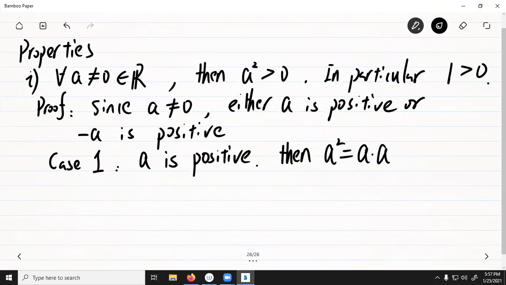So positive times positive must be positive, so it's greater than 0. This is from the first axiom in the positivity axioms.